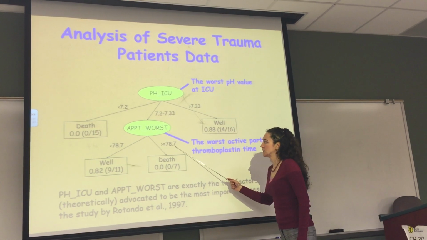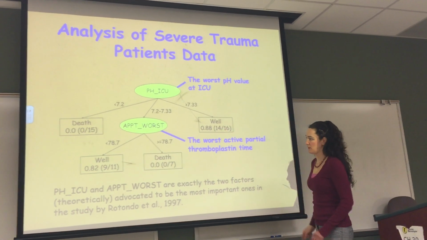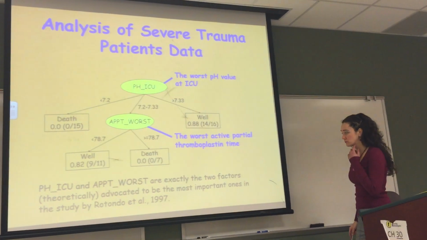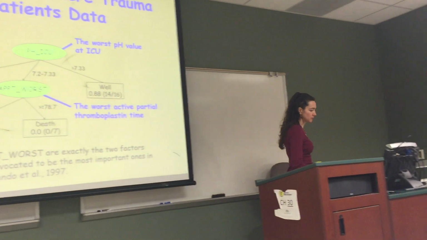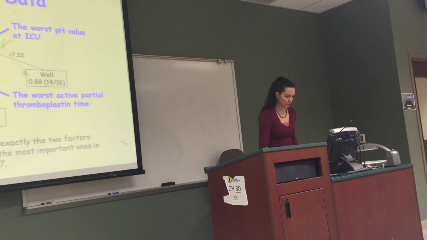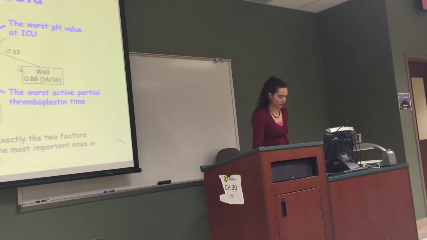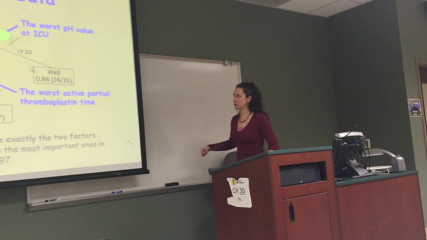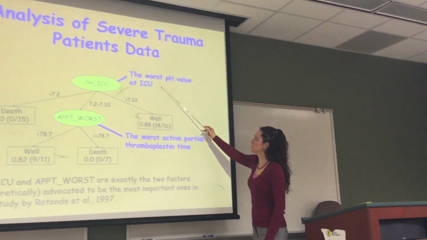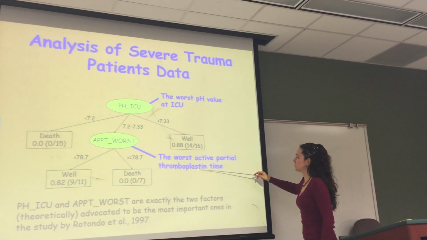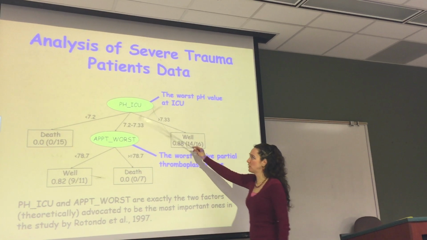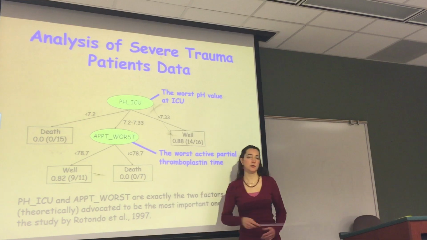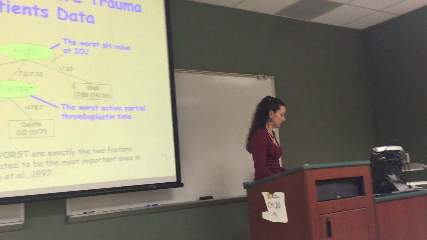If it's more than 78.7, then they will die. So what is this attribute? This is worst pH value. This is worst active thromboplastin time. So these are some values of medical examinations that were performed on the patient.